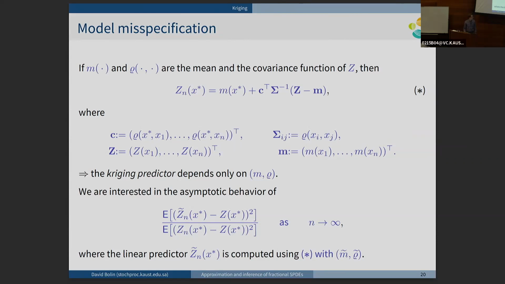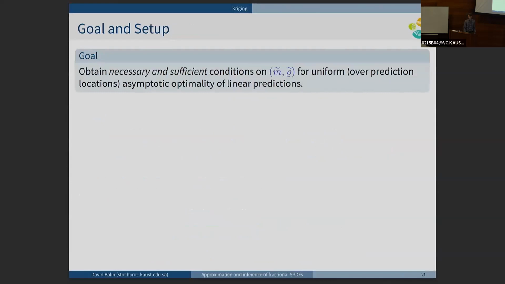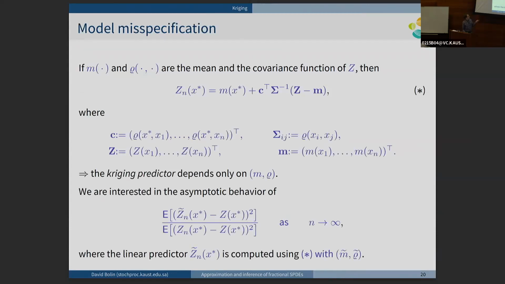This is something that we're interested in order to understand which parameters of these Whittle-Matern fields are of importance. So the goal now would be to obtain conditions on this second order structure that would guarantee asymptotic optimality of linear prediction, and we want this to be uniform over the prediction locations. So we don't want to fix this point x star, but we would like this to hold uniformly for all possible predictions you might want to do.